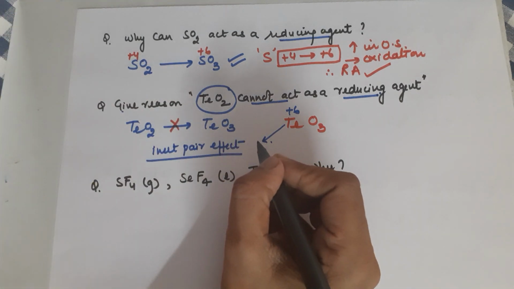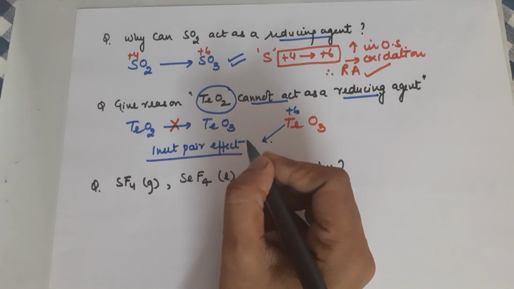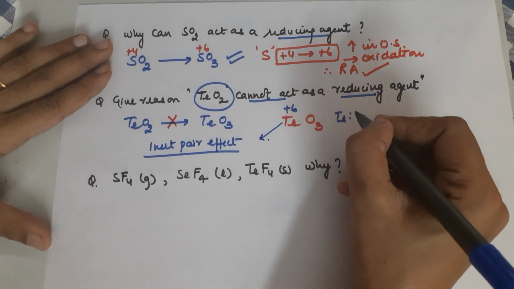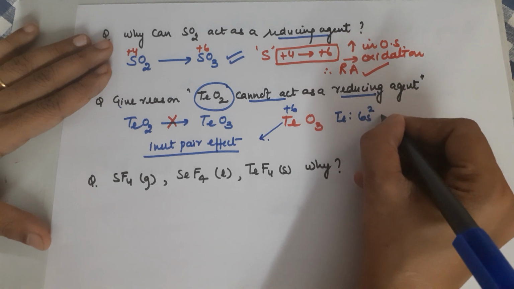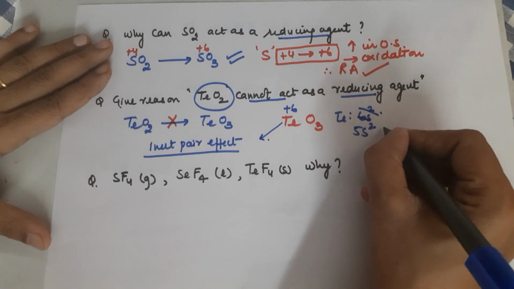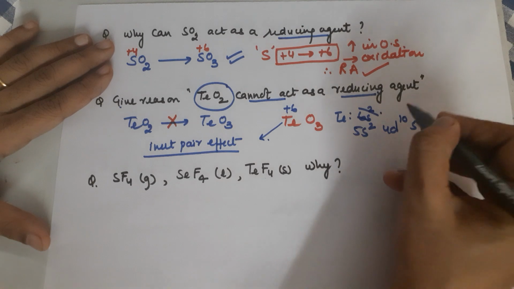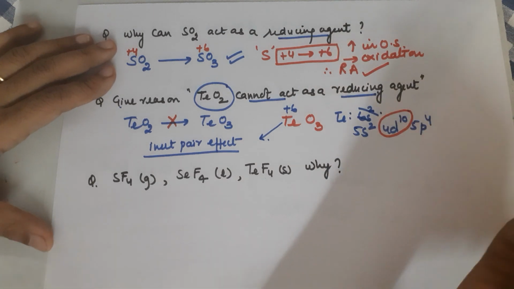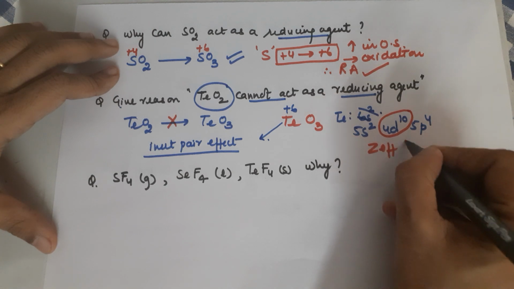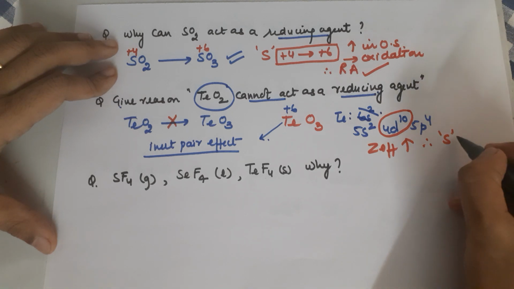If we talk about the electronic configuration of tellurium, as done in the initial part of the class, tellurium has the electronic configuration 5s2, 4d10, 5p4. It is due to the presence of these 10 d electrons that the effective nuclear charge increases. Therefore, the s electrons are tightly held.